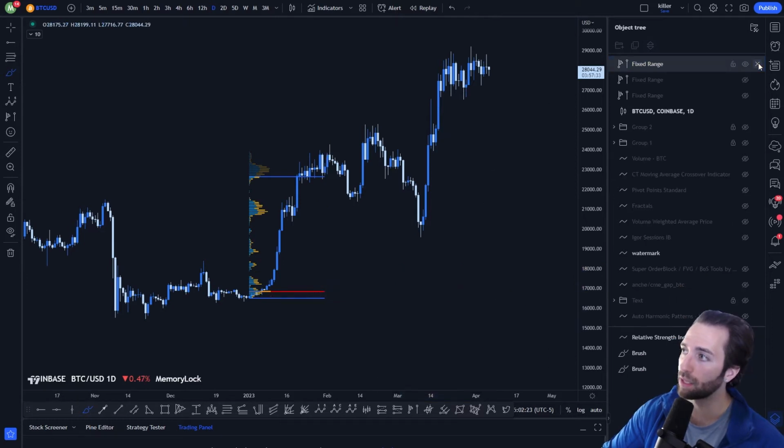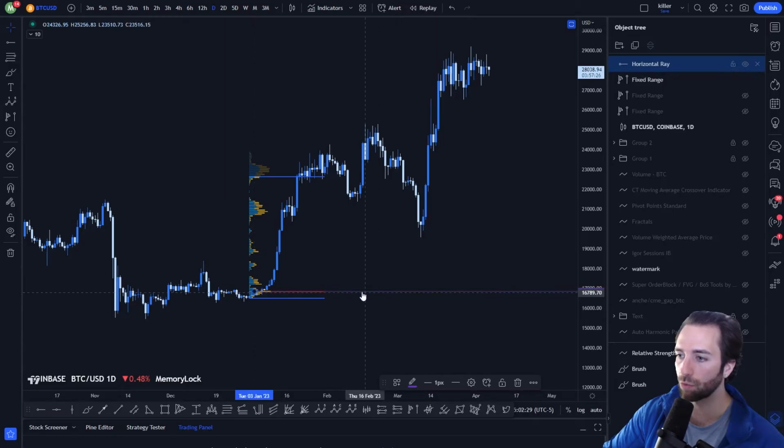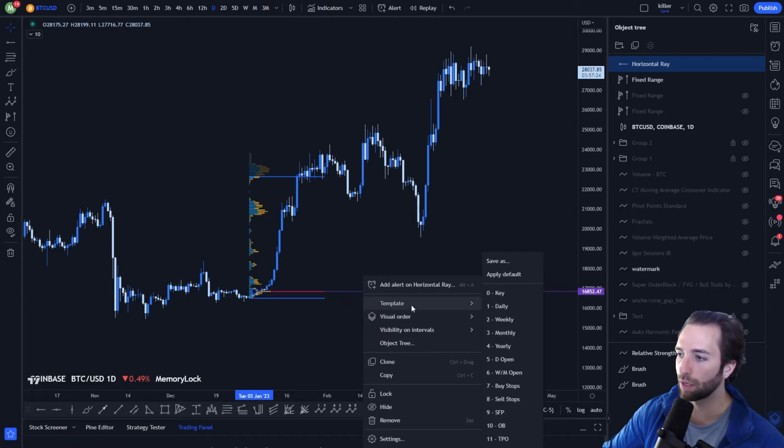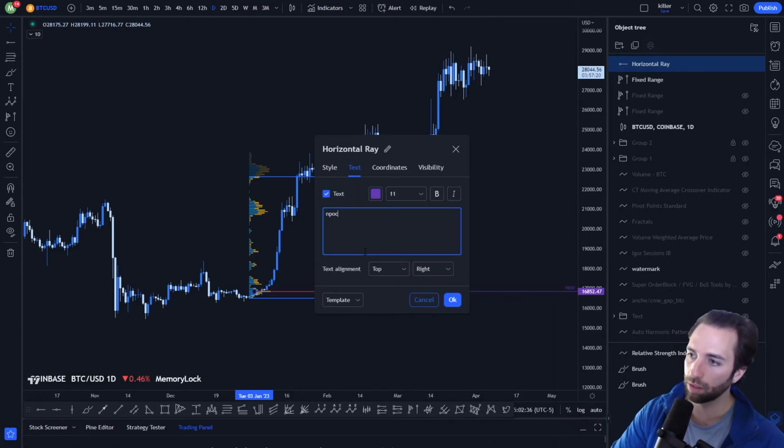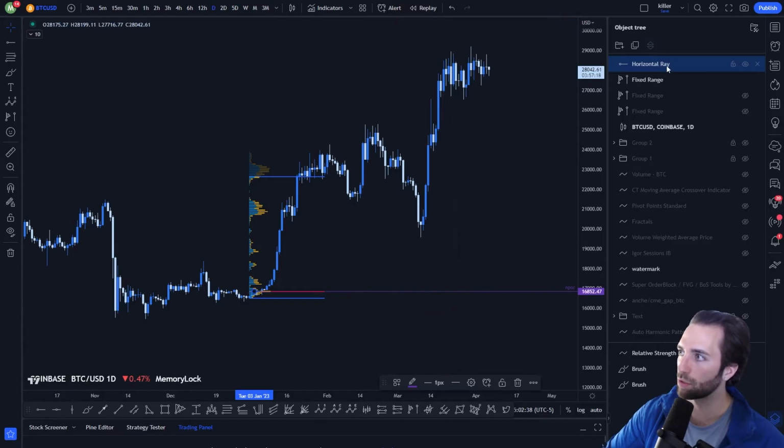That means that here we have a monthly naked point of control. So we'll take our horizontal ray tool and draw this out. Monthly, go to there, and we'll type naked point of control, and you can say January nPoC. Okay, and we'll move on to February.